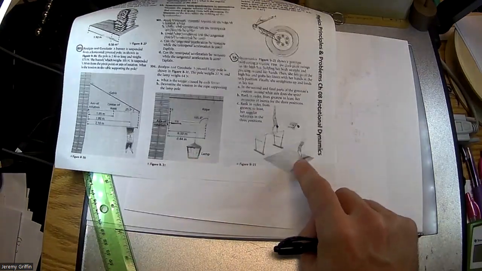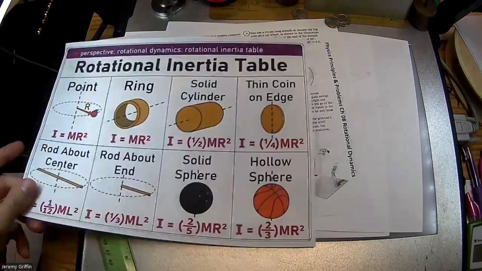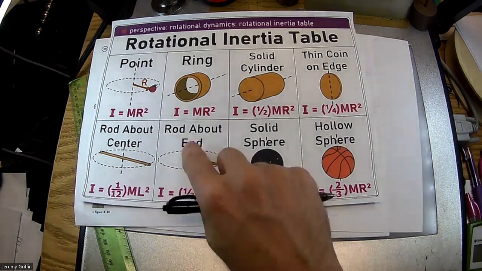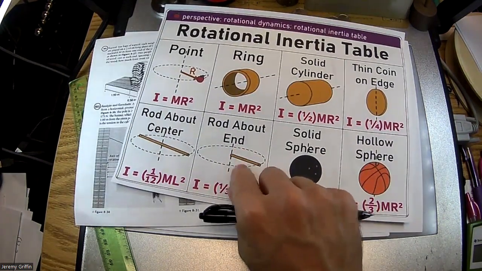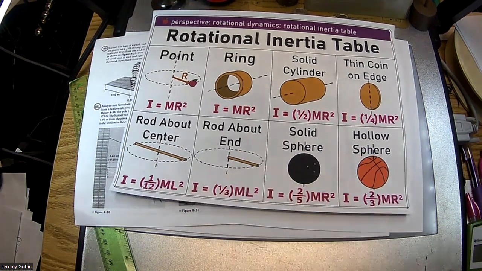What this reminded me of is this rotational inertia table. When he was at the high bar and rotating around, I think it's kind of like this, just vertical instead of horizontal. When he tucks into a ball and goes flying through the air, that makes me think of the figure skater. Let me find the poster with the figure skater on it.